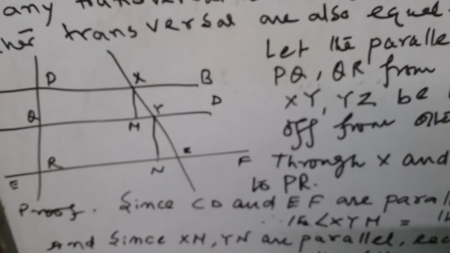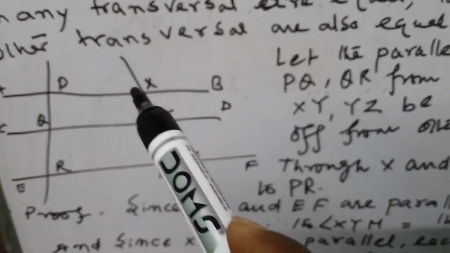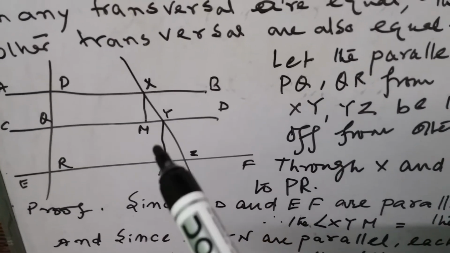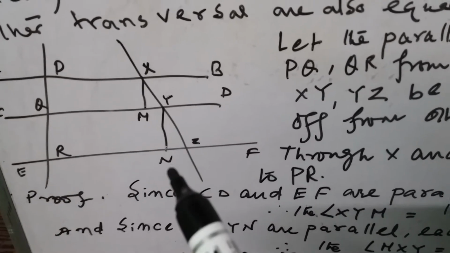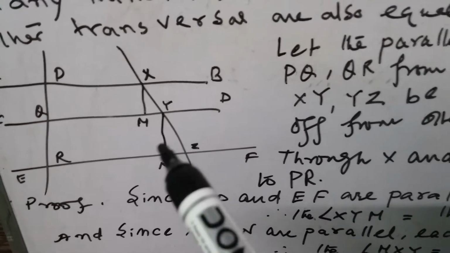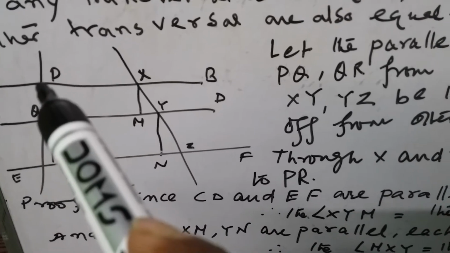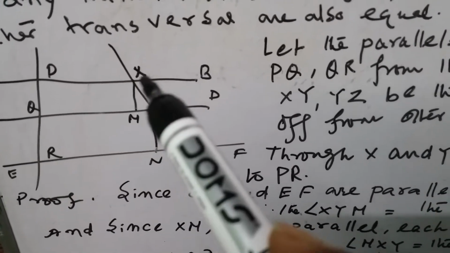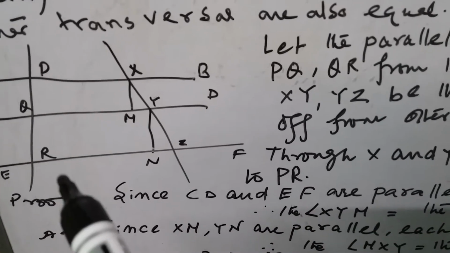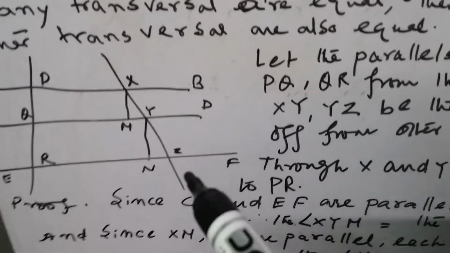How can we prove this? Draw a line through X parallel to PQ, XM, and draw a line through Y parallel to QR, YN. In the construction, PQ is equal to XM and QR is equal to YN.